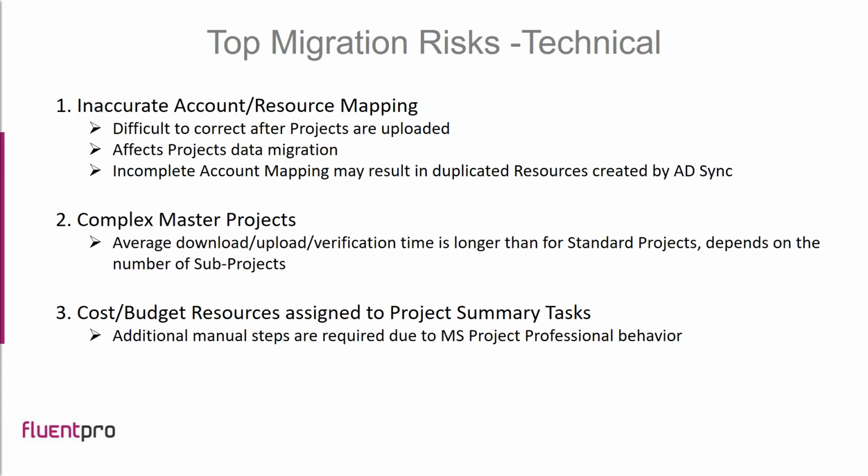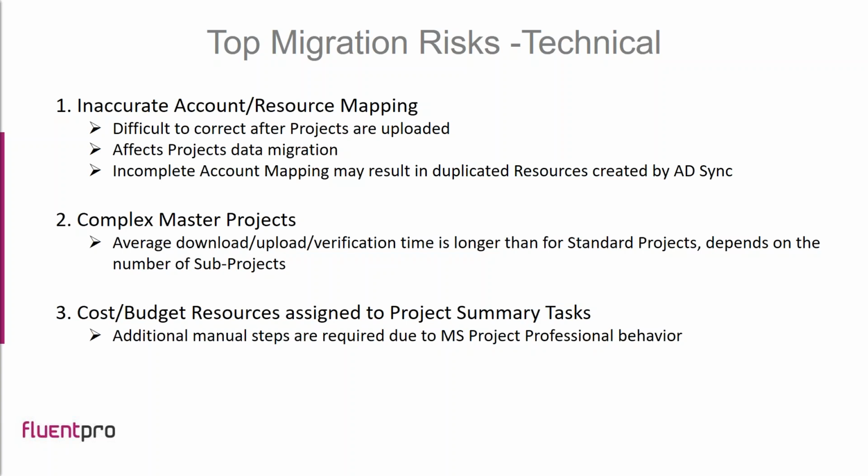And one more risk is actually also related to specific behavior of Project Professional that is used for projects migration. Project summary tasks in projects can have cost budget resources assigned to them. In Project Professional, when the project is uploaded, it is not possible to substitute a local cost budget resource with an enterprise one, just because Microsoft Project doesn't allow this.